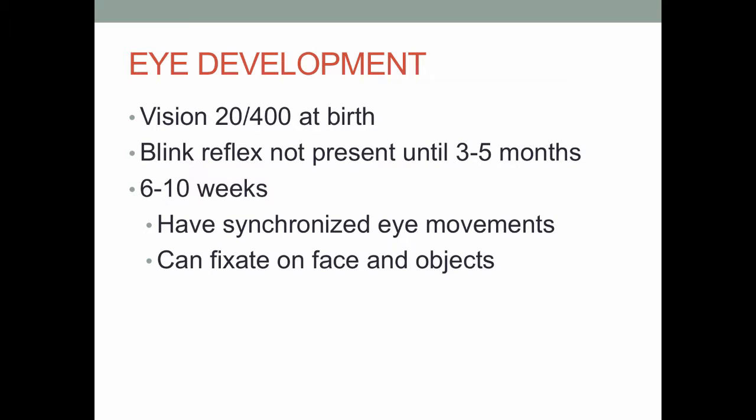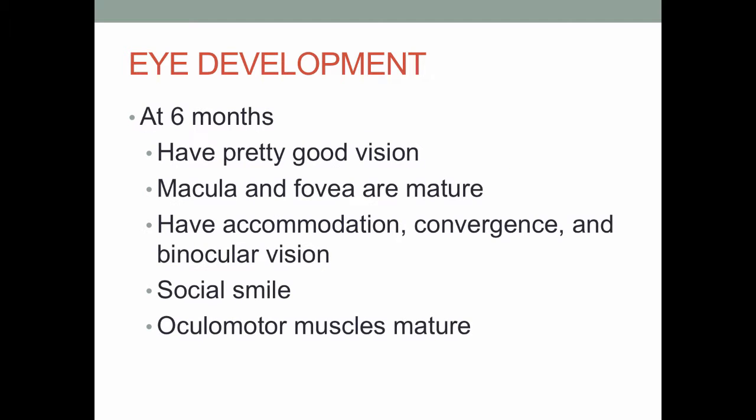Now let's refresh your memory on eye development. Vision is only 20/400 at birth, and the blink reflex is not even present in the first few months of life. At 6 to 10 weeks, we expect the child's eyes to begin to move synchronously, and they should be able to fixate on the face and objects.